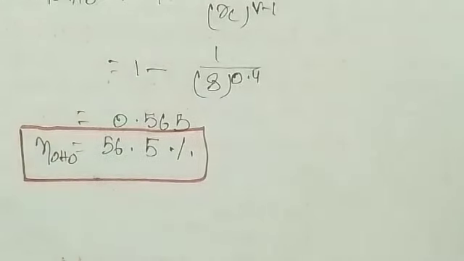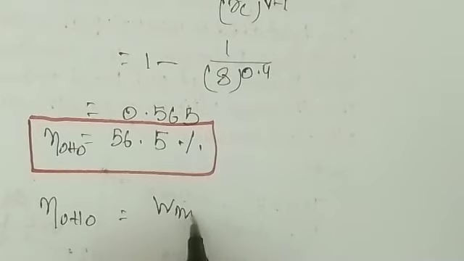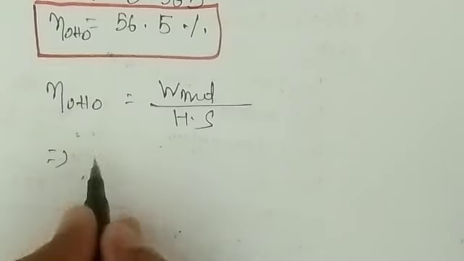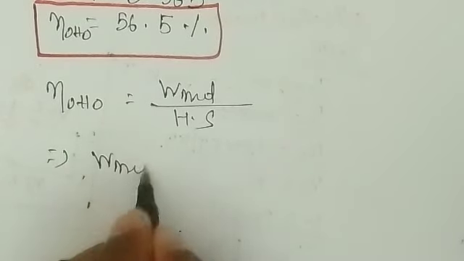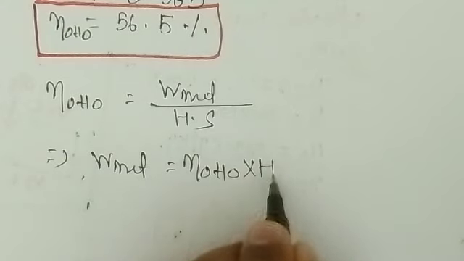Now next you have to find out the mean effective pressure. For that, first of all we need to calculate the net work. You know the general equation: efficiency is W net by heat supplied. So W net is equal to Otto efficiency into heat supplied.